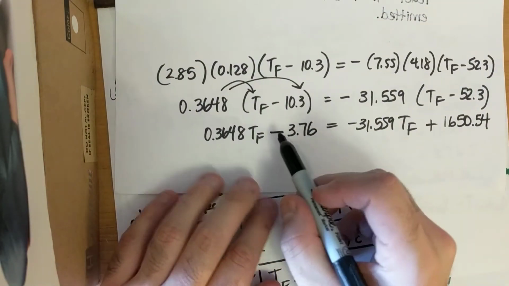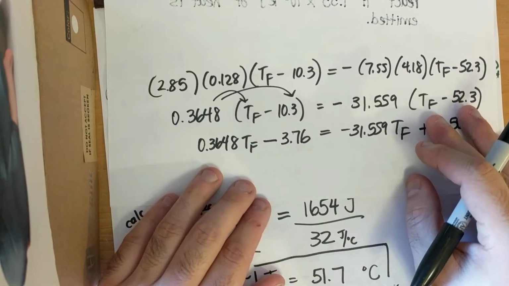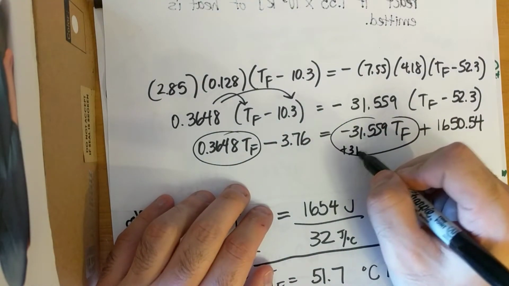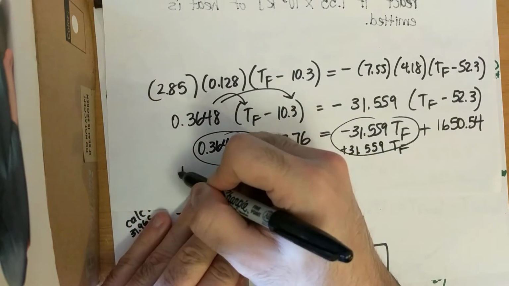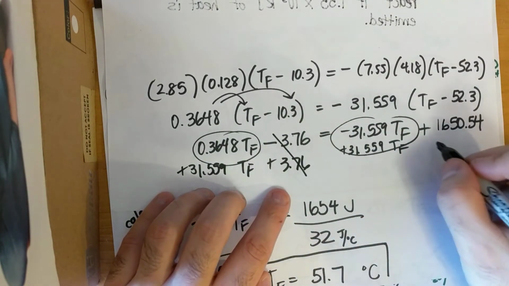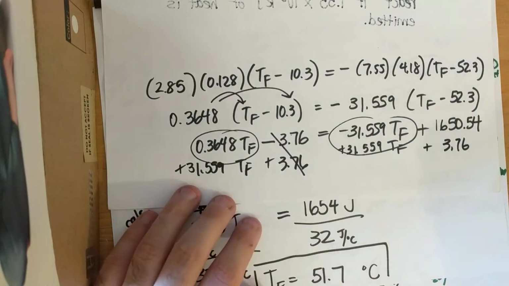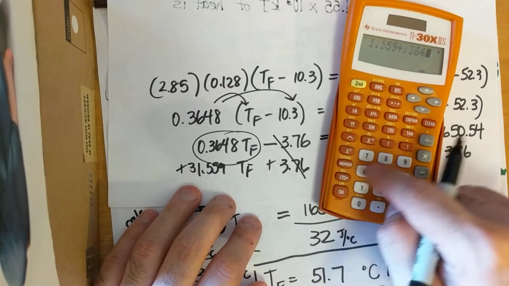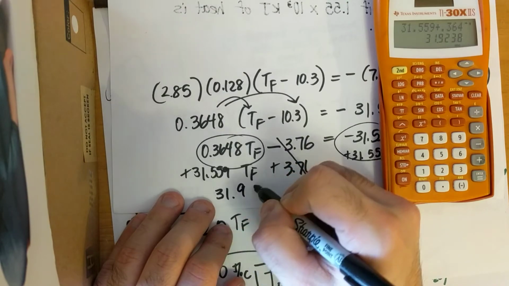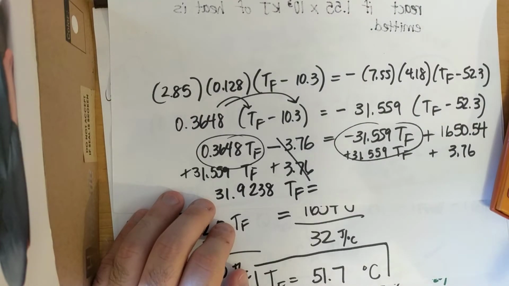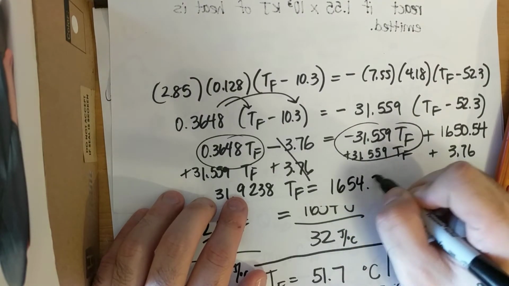Then to solve for TF algebraically, I want to combine my TFs, so I'll add 31.559 TF to both sides, and I'll add 3.76 to both sides. I get 31.559 plus 0.3648, which is 31.9238 TF, equals 1650.54 plus 3.76, which is 1654.3.